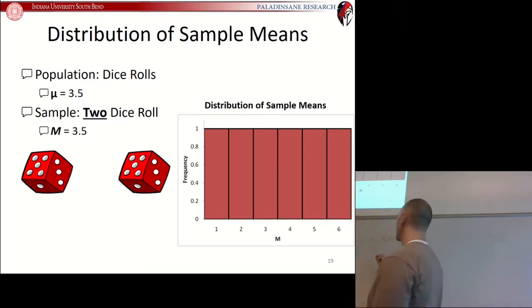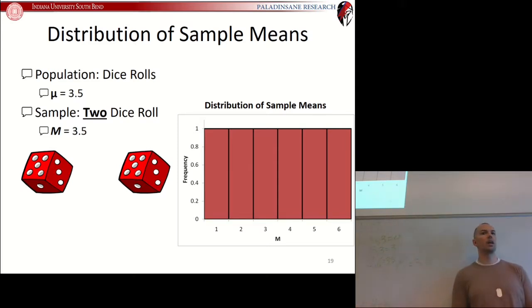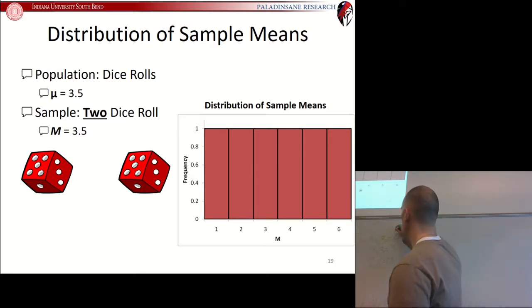You roll your second pair, you get a 3 and a 3, the mean is 3. You roll your third pair, you get a 1 and a 6, the mean is 3.5. You keep rolling. For the last one, you get a 6 and a 4, the mean of that is 5. Right? So you have a sample mean for every 2 dice roll that you do.